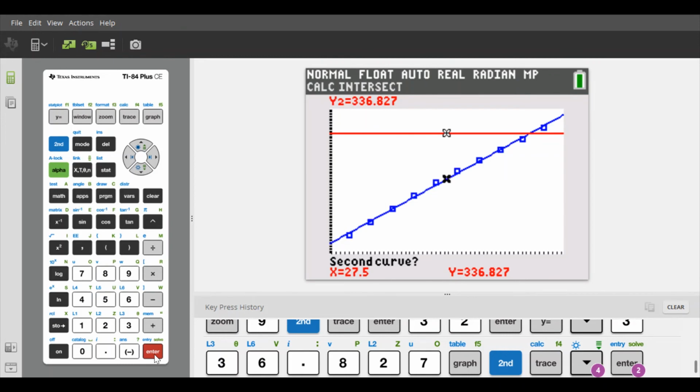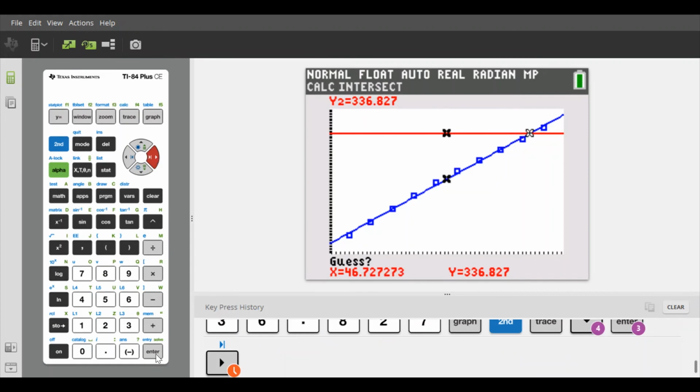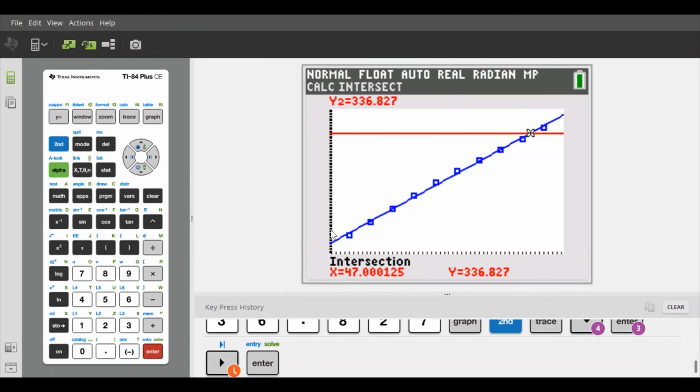So this line, that line, and I will scroll to approximately where it's at. Hit enter, it finds it exactly for me. And we find out that it's year 47. Okay. Now, when we get back to the lecture notes, we'll convert year 47 to the actual year. I believe it turns out to be like 2057. But we'll do that in just a second. See you back at the lecture notes.